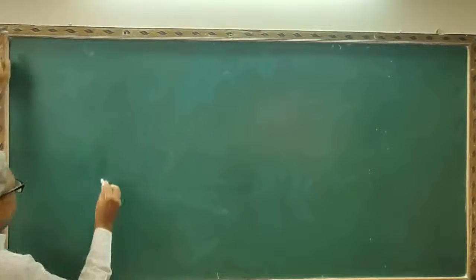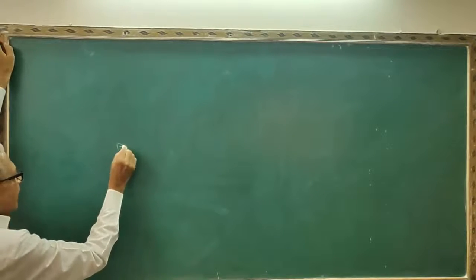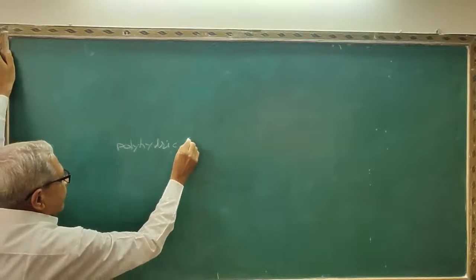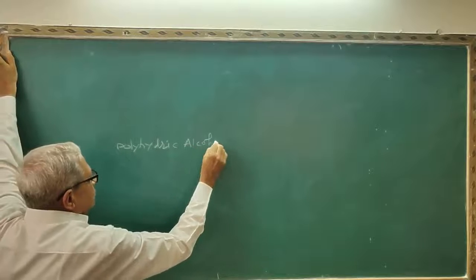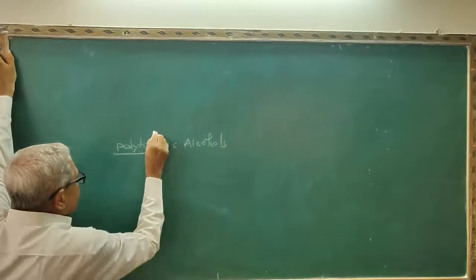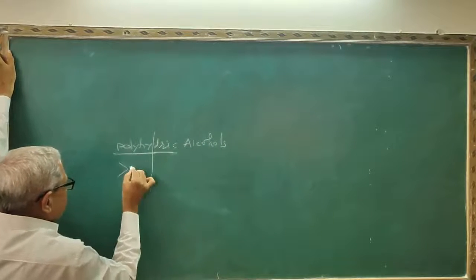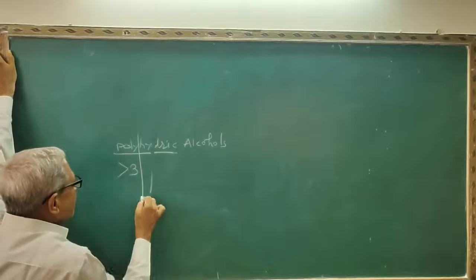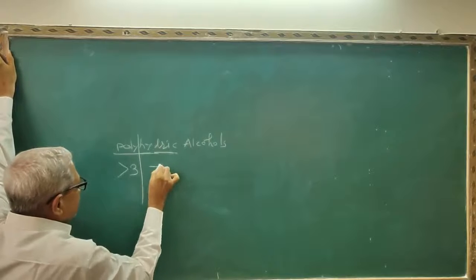Now I will start here the point, that is polyhydric alcohols. Polyhydric alcohols. Here poly indicates what? More than 3. Hydric indicates what? Hydric indicates OH group.